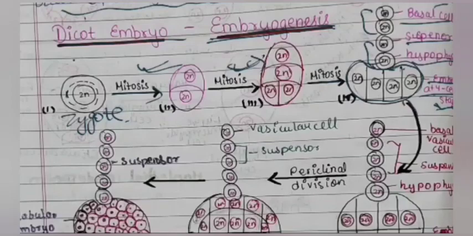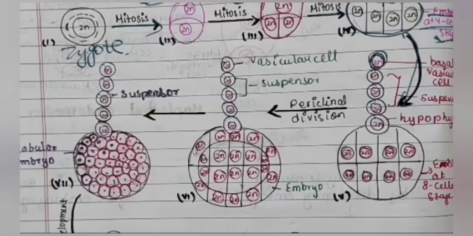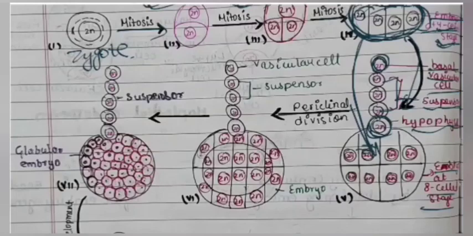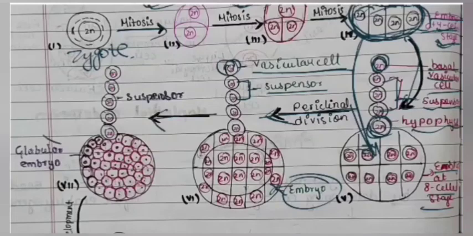Then further development takes place and it forms three suspensor diploid cells, and the embryo reaches the 8 cell stage. Here the periclinal division takes place, and this is the vascular cell at the top. Then these are the suspensor cells. Then the embryo is more developed from the previous 8 celled stage. Then further division and development forms the globular embryo.